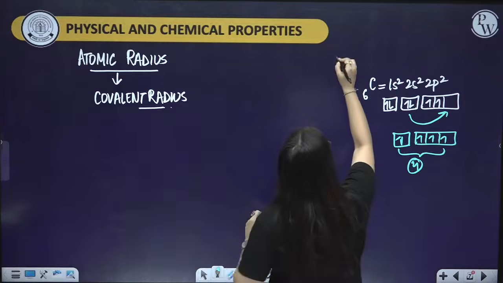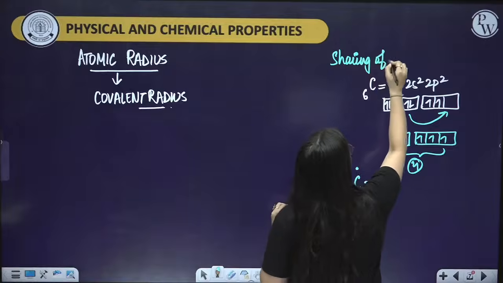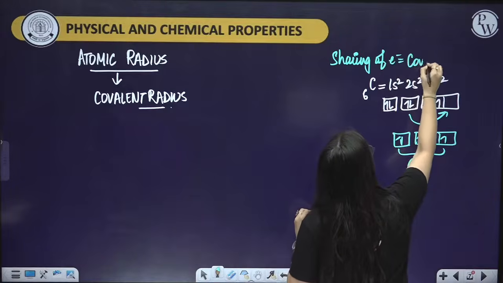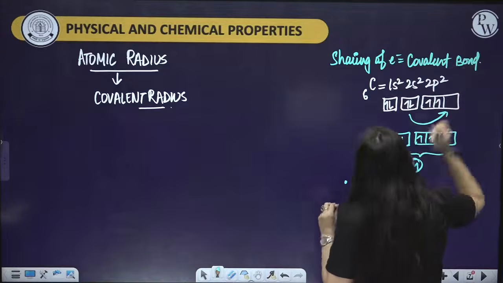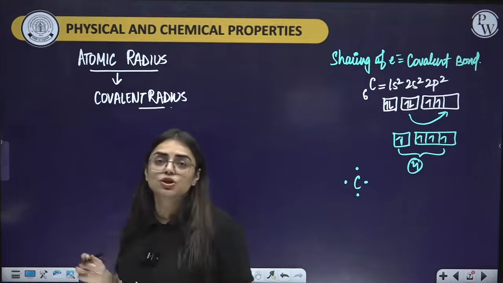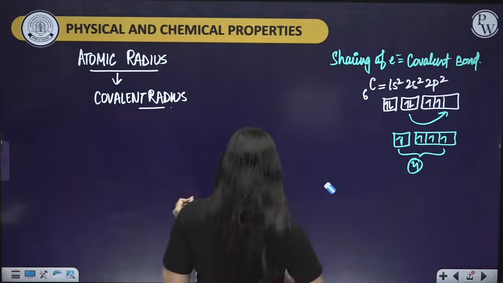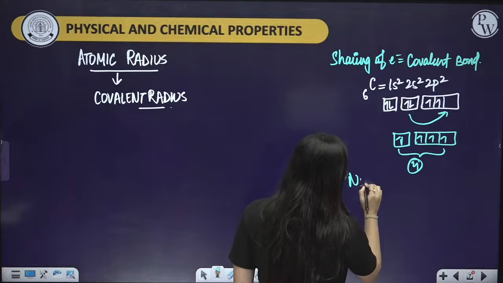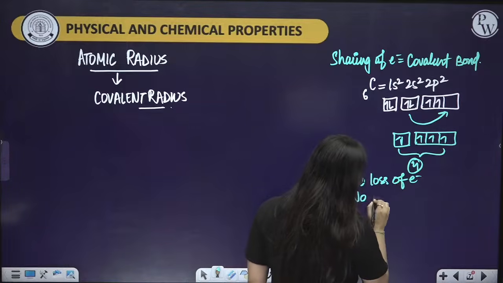Always remember, when there is a sharing of electrons, a covalent bond is created. In a covalent bond, there is only sharing. There is no loss of electron, no gain of electron. It's only and only sharing of electrons. So here you can clearly see that there is no loss of electron done, or gain of electron done.